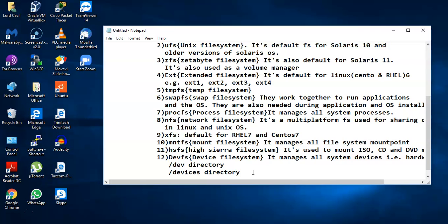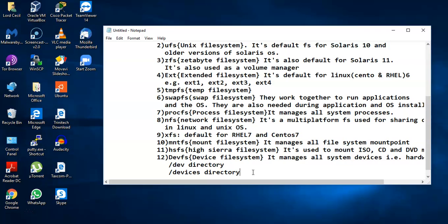The physical name is the operating system's description of a hardware device, and that description is saved in the /devices directory. That's the difference between these two directories.